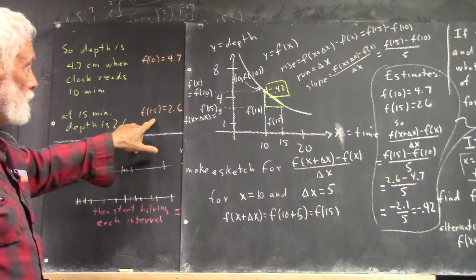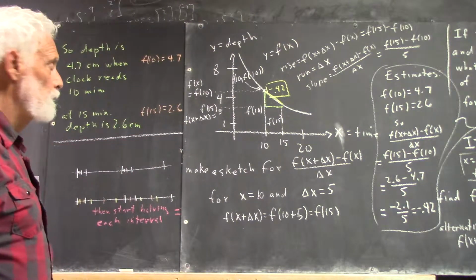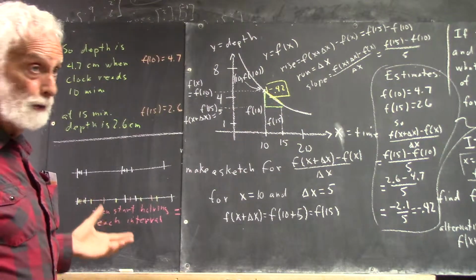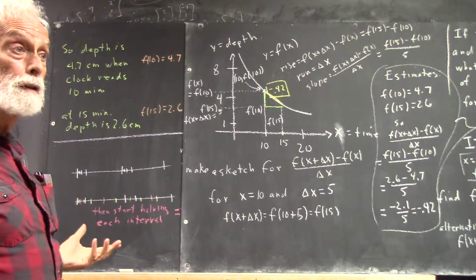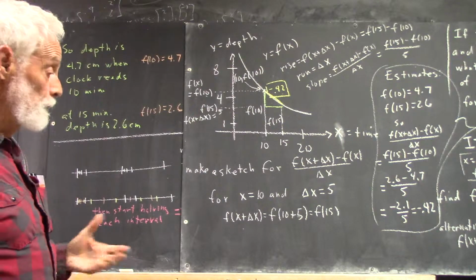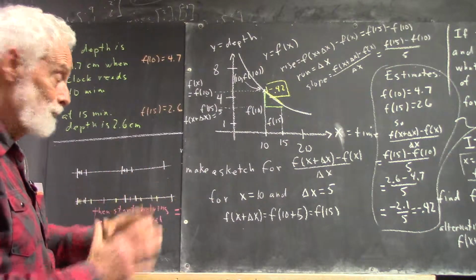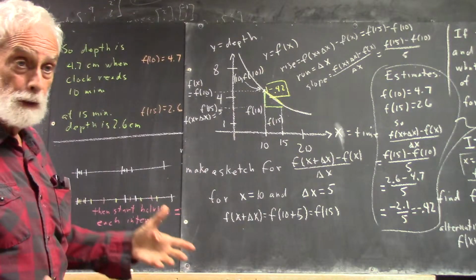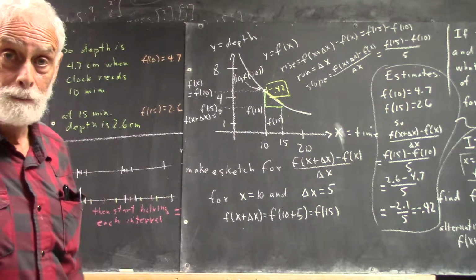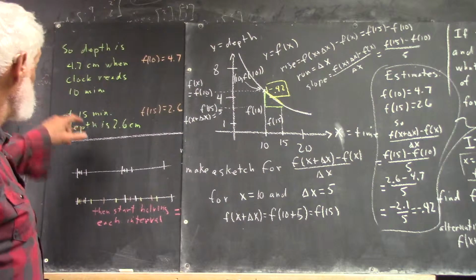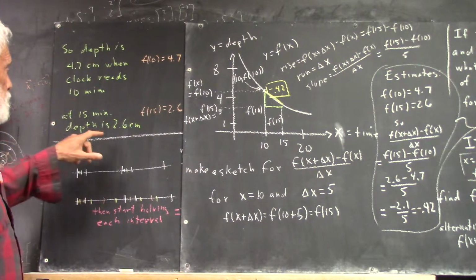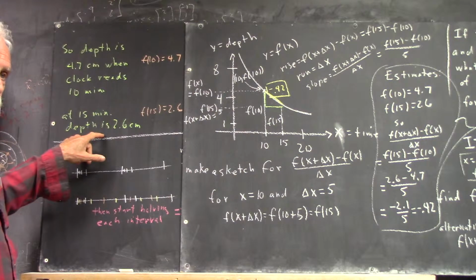So then I asked, what's the meaning of f of 15 equals 2.6? And somebody pretty immediately gave me a really good statement that I liked, which made me feel pretty good, because it's important to understand this. Said, well, at 15 minutes, the depth is 2.6 centimeters. Bingo, perfect. So I wrote that down. F of 15 equals 2.6 means at 15 minutes, the depth is 2.6 centimeters.